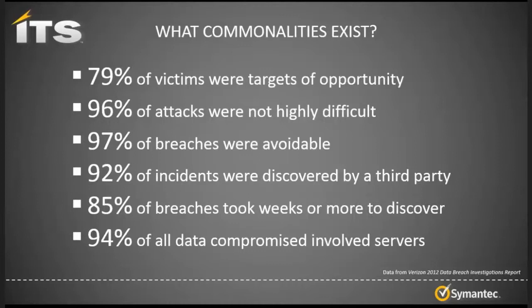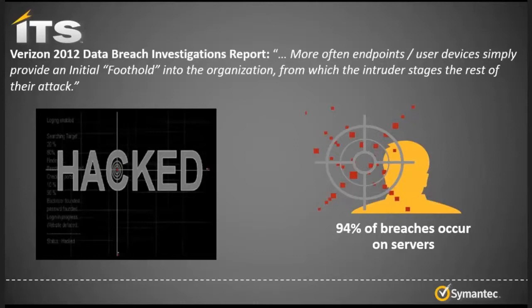Well, I read that and I thought, well, duh, that's where we keep all the good stuff, right? That's what people want to break into. But look at this next one. This is a quote right out of that Verizon report again, and it shows that the server, while it's the end target, was not originally the main point of entry into the network.